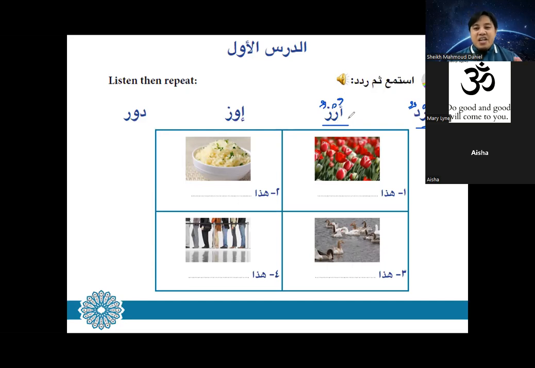Alif damma u, ra sukun r, then ur. Then the zay with tanwin damma, you call it tanwin damma, zun. So you read the word urzun. That is the second word. And after this, we are going to distribute the words according to the pictures in front of you.